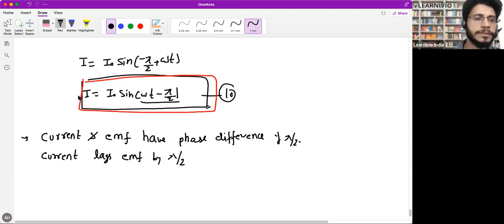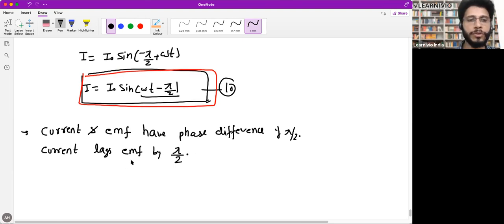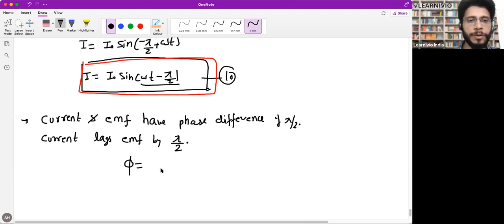So current lags EMF by a phase difference of pi by 2. That is the equation of current, I naught sine omega t minus pi by 2. This is the phase difference between them, pi by 2.